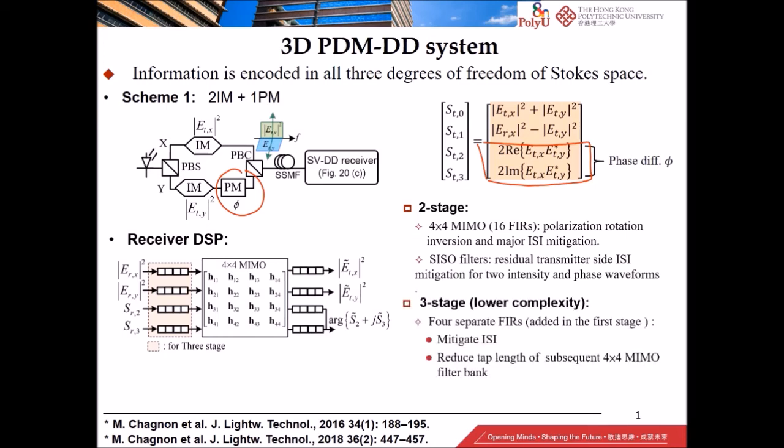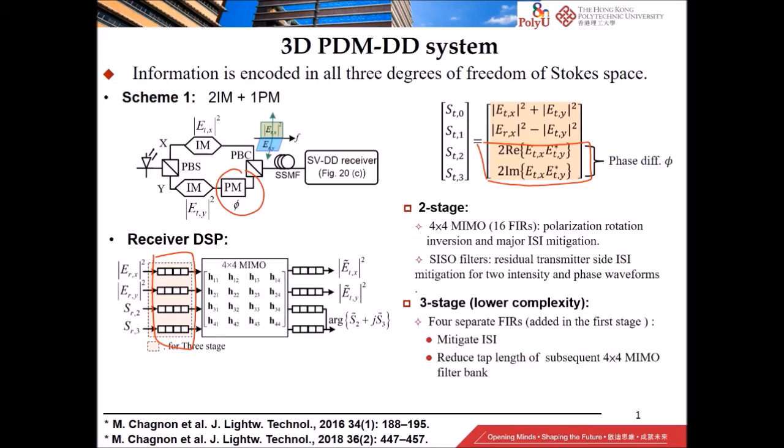Now you can also implement a 3-stage receiver DSP structure. In this case there are separate single in, single out filters before the MIMO. This is of course to mitigate the intersymbol interference, and it can also help reduce the length of each tap of the subsequent 4x4 MIMO filter bank.